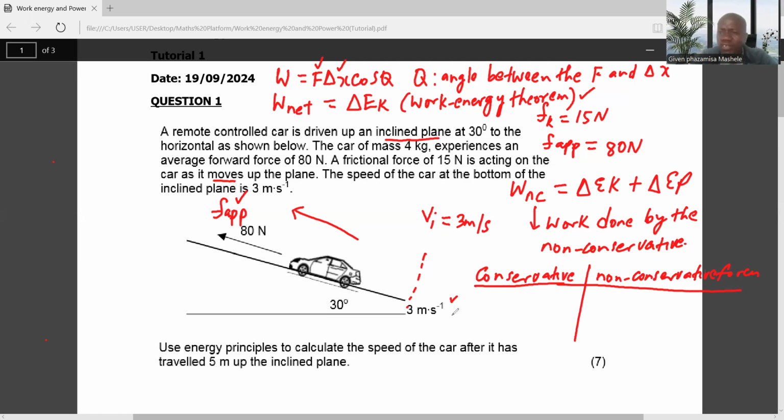A conservative force is a force whose work done on an object between two points does not depend on the path taken by the object. In other words, it is independent of the path taken by the object. And there is only one force which is actually conservative, which is the force of gravity.